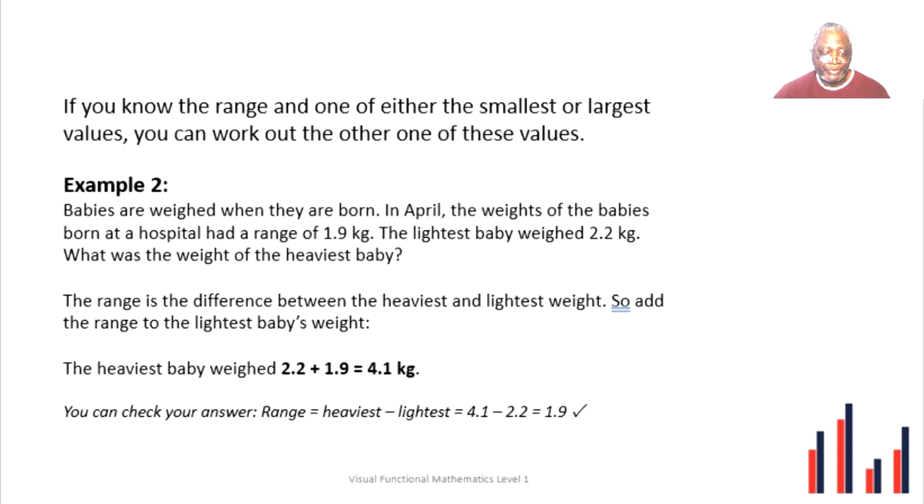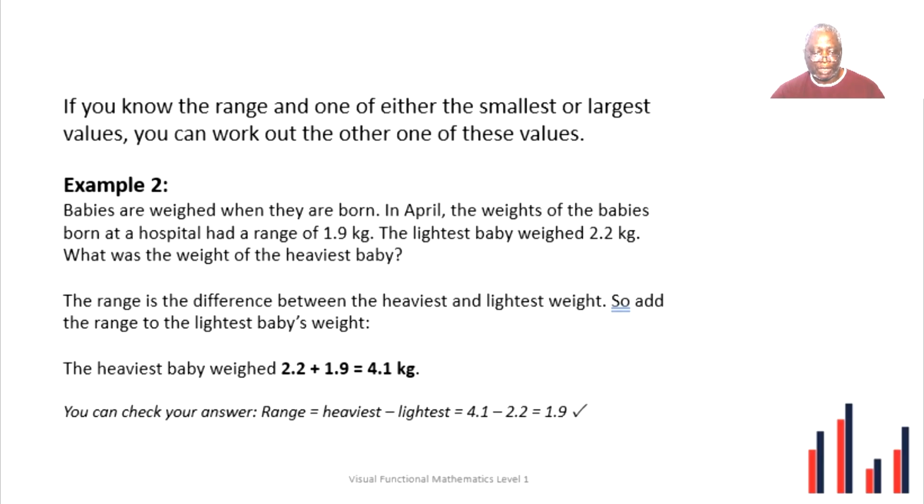Example. Babies are weighed when they are born. In April, the weights of the babies born at a hospital had a range of 1.9 kilograms. The lightest baby weighed 2.2 kilograms. What is the weight of the heaviest baby? The range is the difference between the heaviest and the lightest weight.